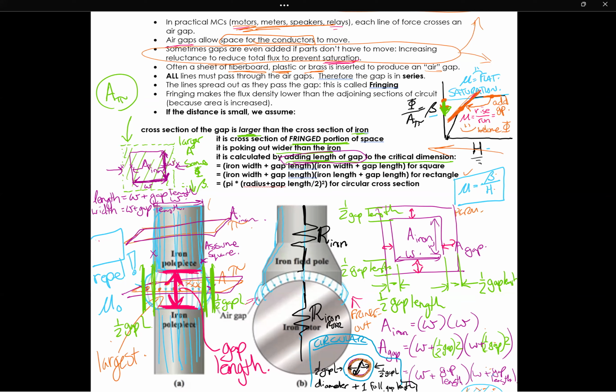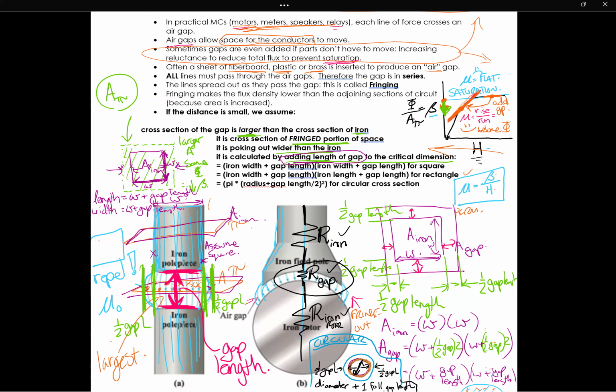Now we need to calculate the gap as a reluctance. And it is going to be more reluctant than the iron. So what we've done in introducing a gap to this circuit is we can no longer just calculate reluctance. We need to now calculate this as a series magnetic circuit where our iron is calculated one way and our gap is calculated another way.